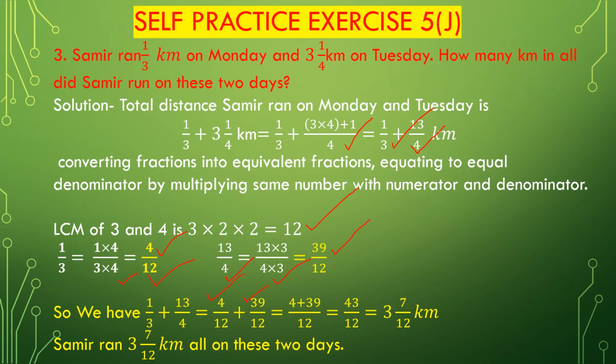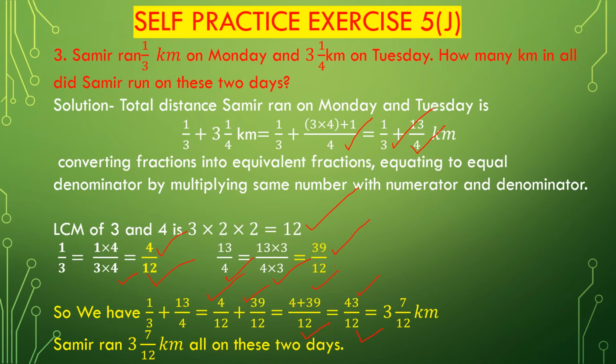Now we get 4 divided by 12 plus 39 divided by 12. Both have the same denominators, so just add the numerators only. 4 plus 39 divided by the denominator 12. 4 plus 39 is 43. 43 divided by 12 is an improper fraction.